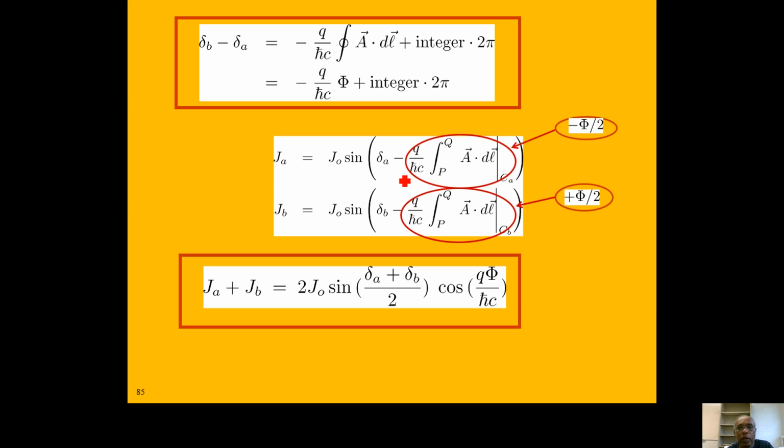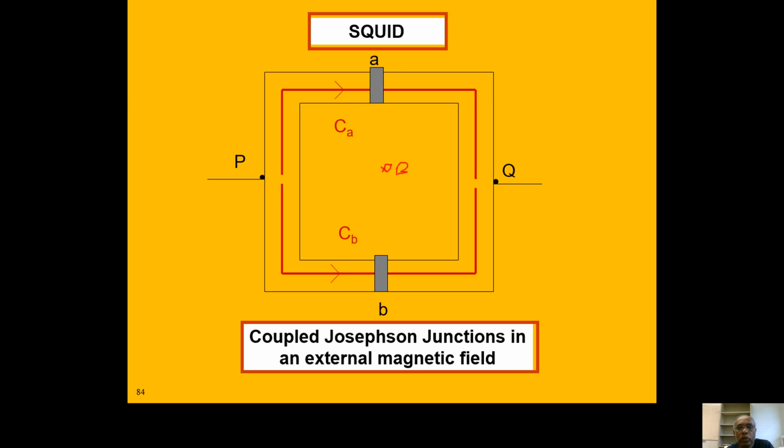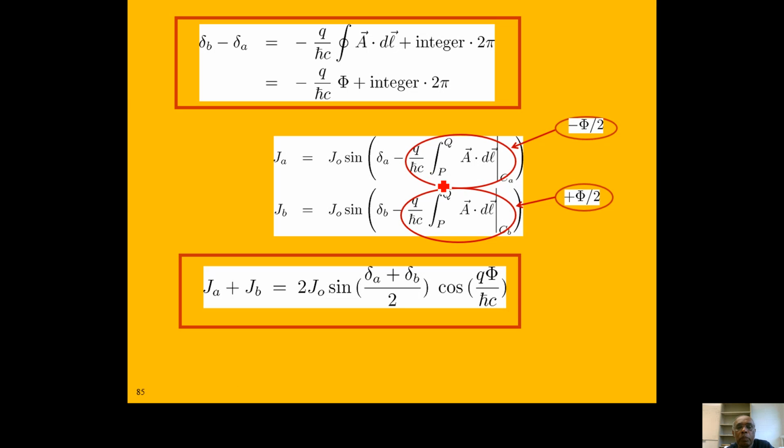If you look at this one, remember the phase difference between these two branches. One goes in this direction and the other goes in this direction. Going from P to Q, you can write the total Josephson current in the loop.